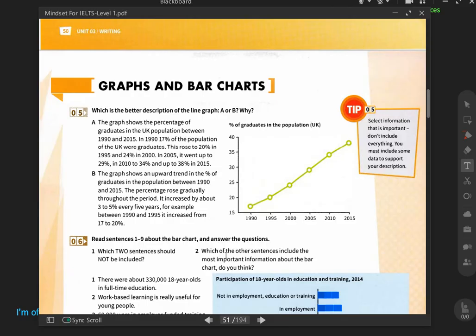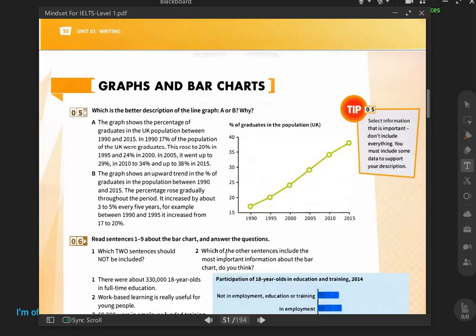The graph shows an upward trend in the percentage of graduates in the population between 1990 and 2015. The percentage rose gradually throughout the period.